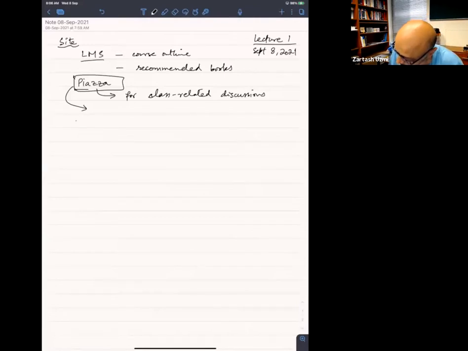So there are prerequisites for this course. The prereq for this course is that you should know basic calculus and basic probability. If you took the probability course a while back, a couple of years ago, 3 years ago, that's okay, as long as you understand some of the concepts and quickly revise those.